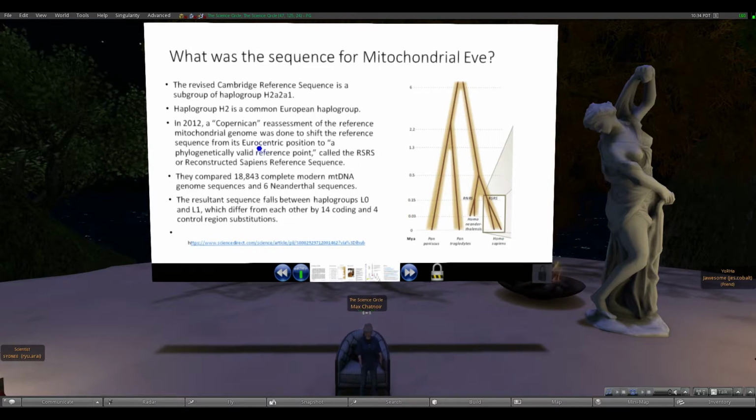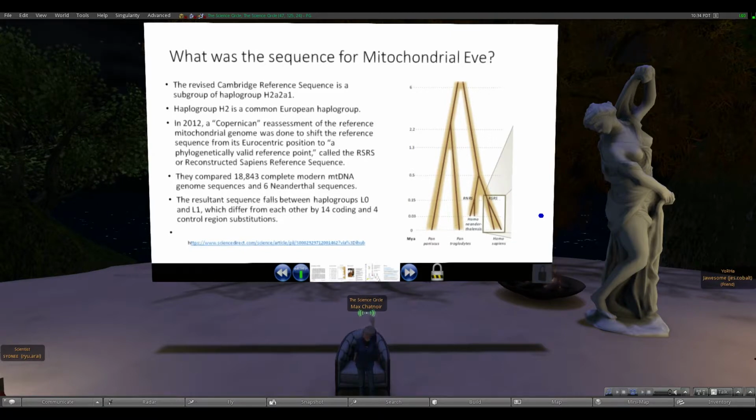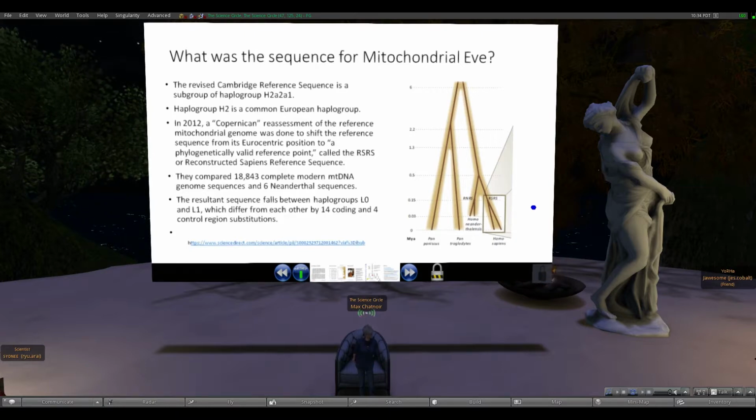They collected almost 19,000 complete mitochondrial DNA sequences and 6 Neanderthal sequences to use as a reference point. And from those 18,843 sequences, they were able to infer the ancestral sequence, or the sequence of Eve.